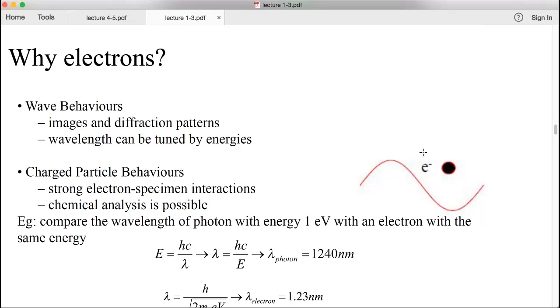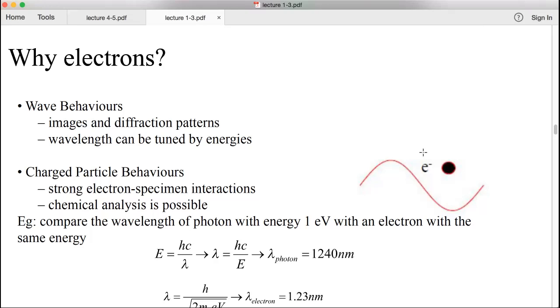If you just calculate the wavelength of a photon with energy 1 electron volt, okay, you are given a photon, like a light packet, and it has 1 electron volt energy. And you are given an electron and it has the same 1 electron volt energy, right?